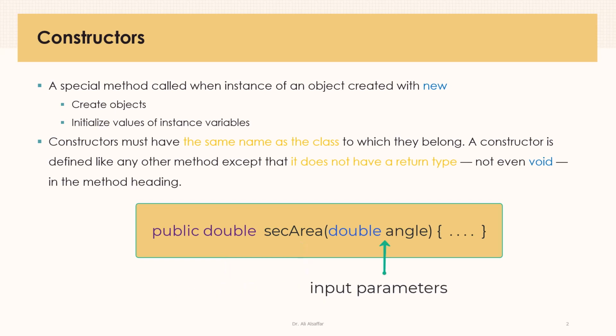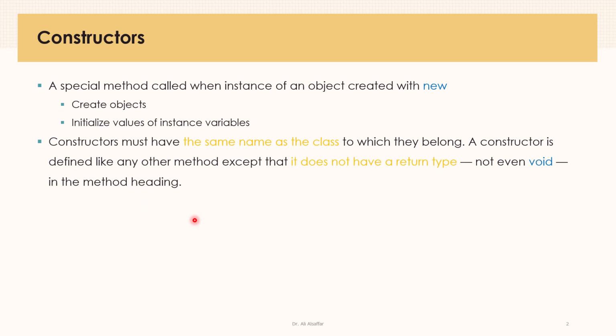Between round brackets, we specify the parameters. Now, if you want to define a constructor, you just follow the same syntax, but don't specify anything for the return type, just leave it empty, and make sure that the name of the method is the same as the name of the class.